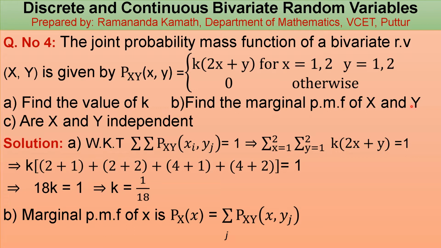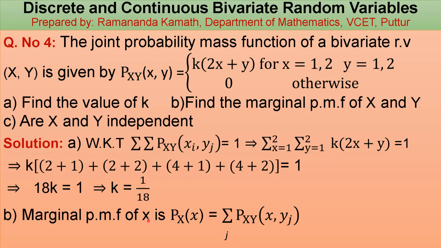So for the marginal probability mass function of X, p_X(x), it is the sum of the joint probability mass function p_XY(x, y), where x is fixed, the same x value, and then y varies, so summation over y_j.